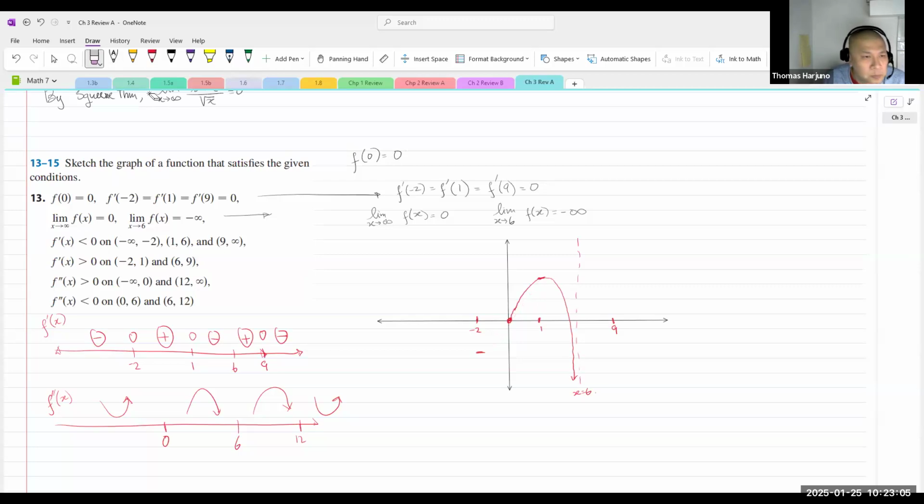It's concave down here. Hold on. It's concave down to 0, and then it's concave up like this. We have a critical number there, so it's like this.